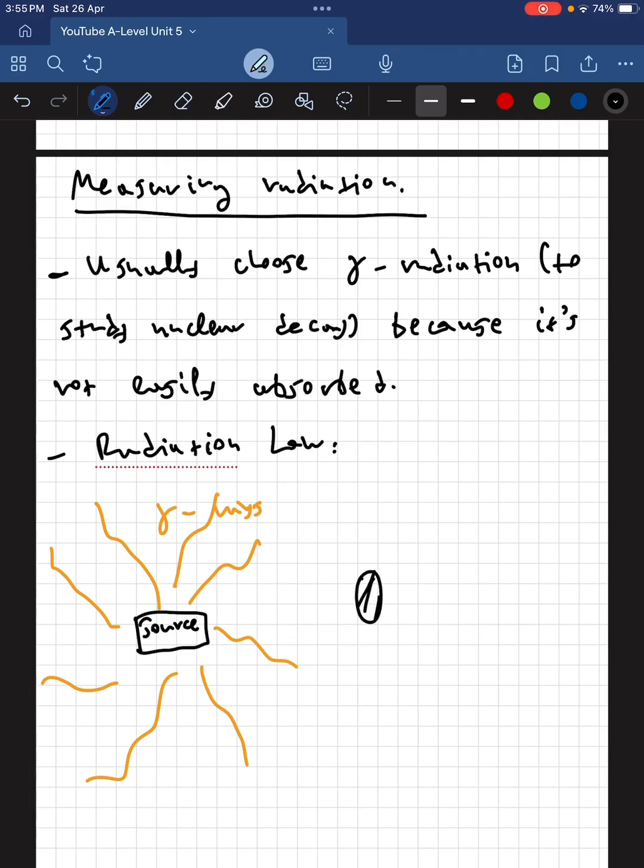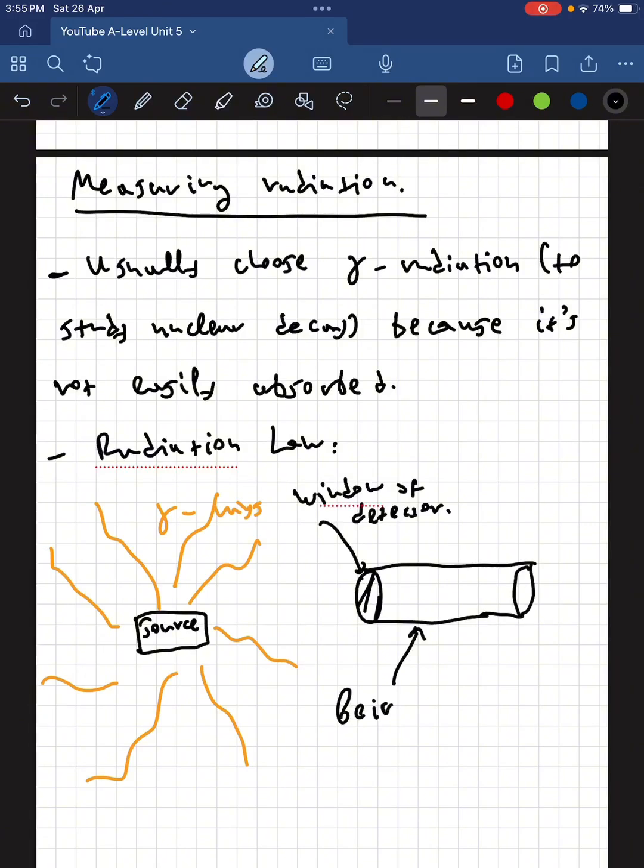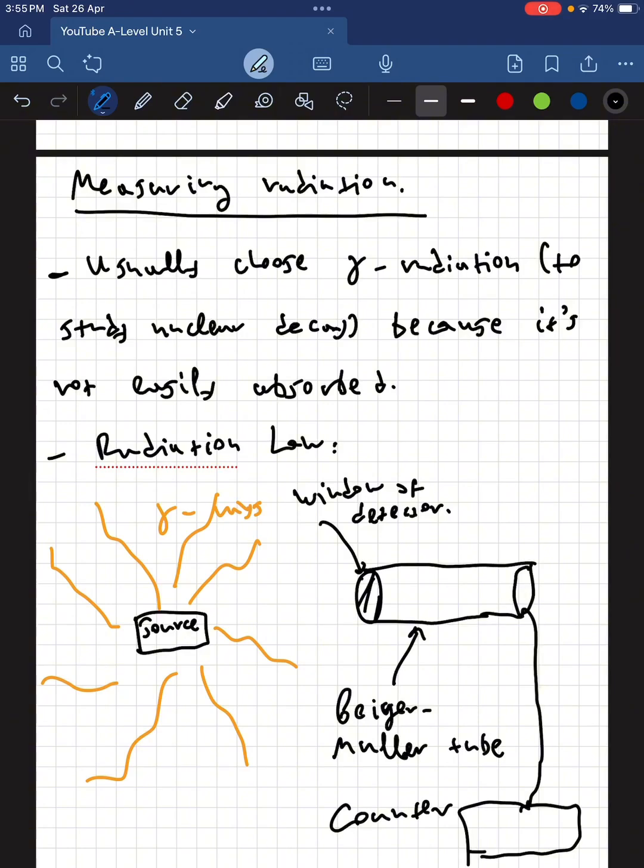If I put a detector now that has some window, so this is the window of the detector, and the detector is cylindrical, something like this. This might be a Geiger-Muller tube, for example. And this is connected to a counter that tells you how many particles are detected per second.